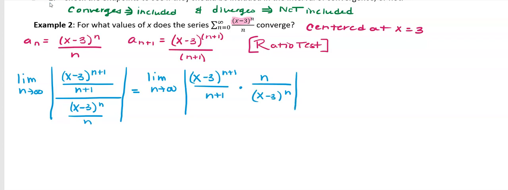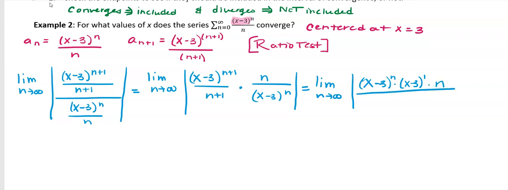Now we're going to take a moment and simplify this a little bit using our power rules. So we're going to break apart some of these powers into pieces, which will help. So x minus 3 to the nth power times x minus 3 to the first power times n is in our numerator. So I took apart that n plus 1 power, and then I have n plus 1 times x minus 3 to the nth power.